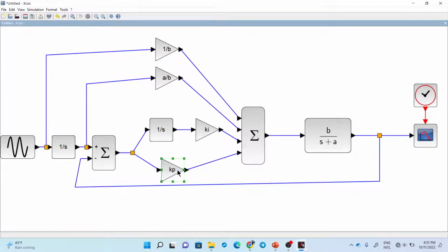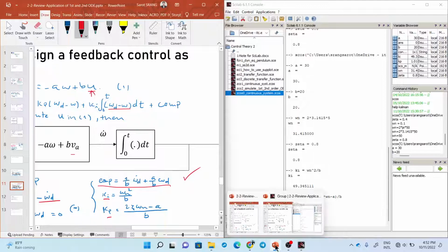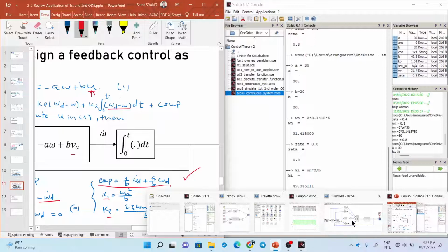From this error, you pass through PI controller. So this is P controller. This one is integrator controller, right? And you need also compensation. You need omega d here times A over B. Where is it? It's here. Omega d times A over B and plus omega d dot times 1 over B. Okay.